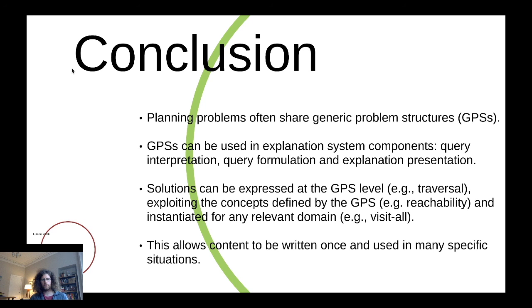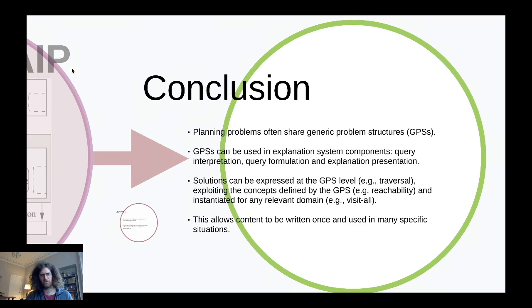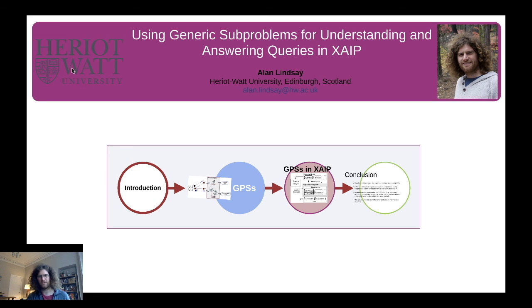You can express your solution, whatever component we're talking about, at the generic level, and then when you get a specific domain, you can instantiate it, and it allows sharing of content. Hopefully I am around if you have any questions.